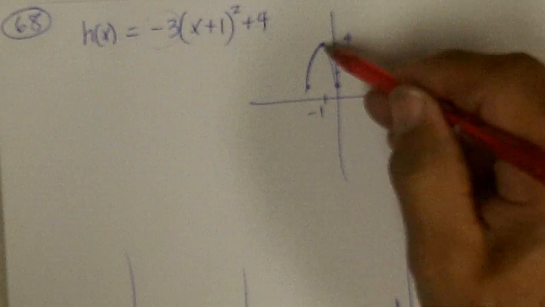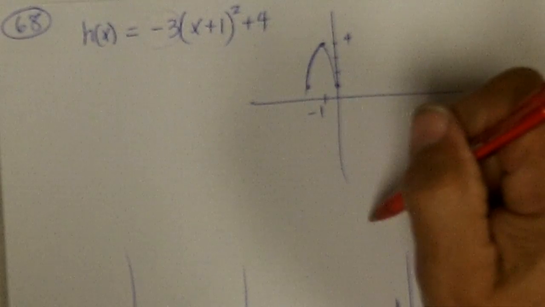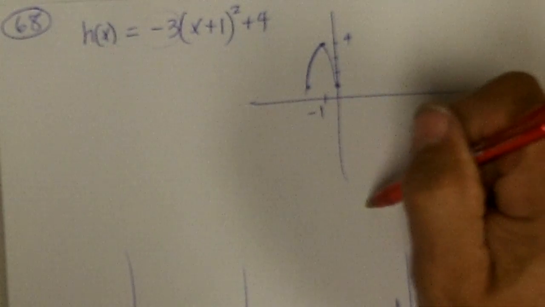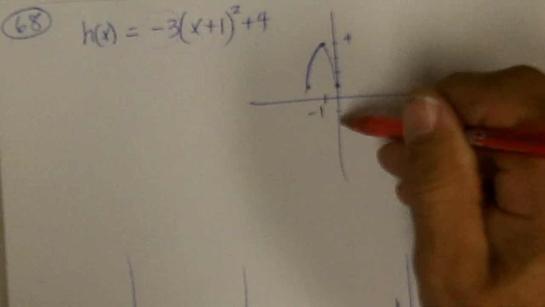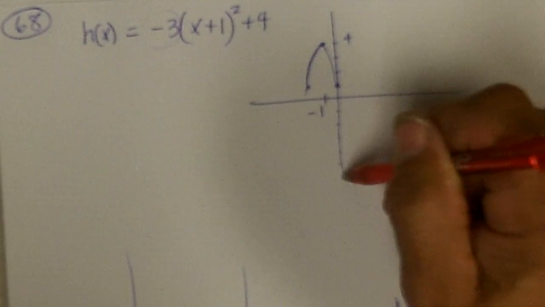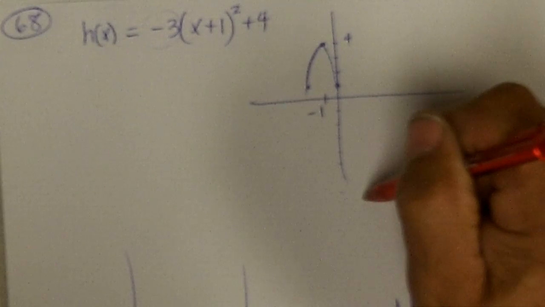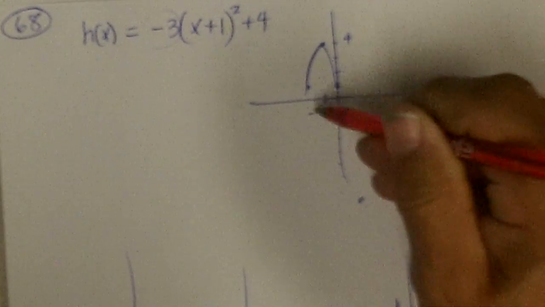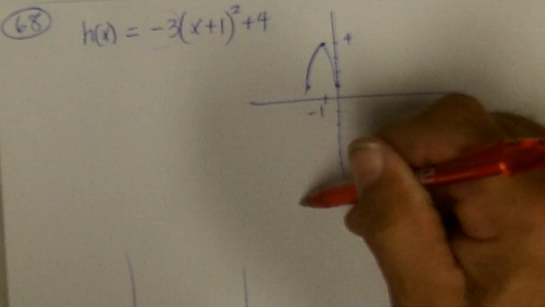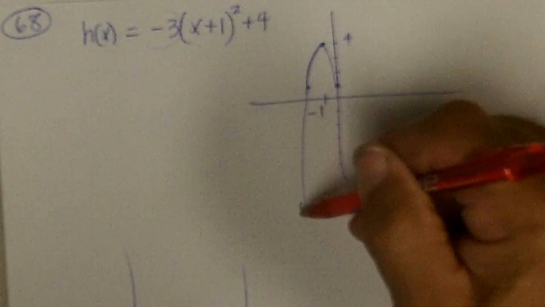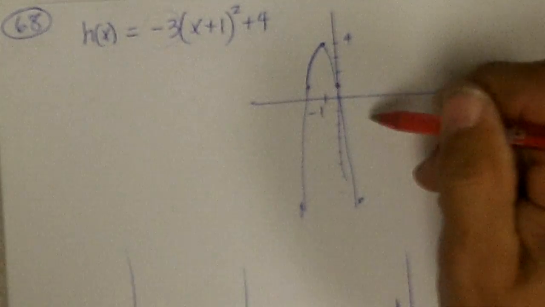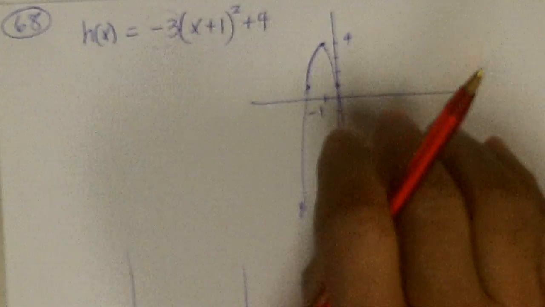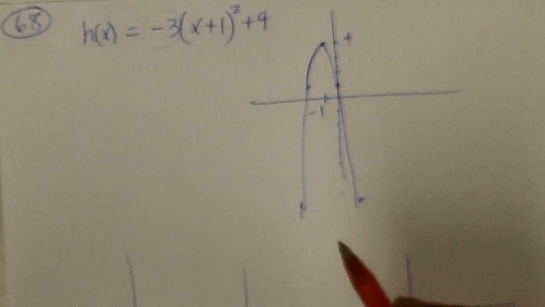And 2 over would have been down 4 times 3 is 12. 12 from 4 is down at negative 8. So it's way down there at 1 and way down there at negative 3. Okay, that's the graph of it.